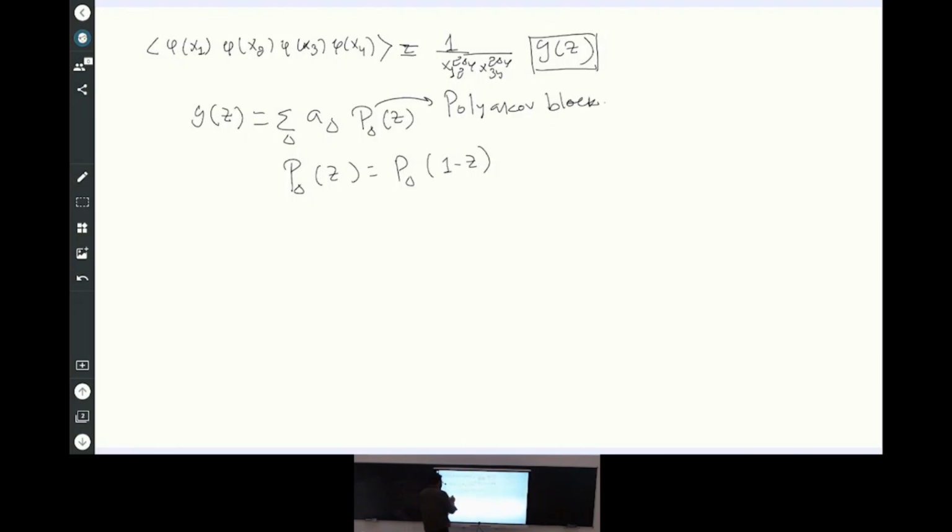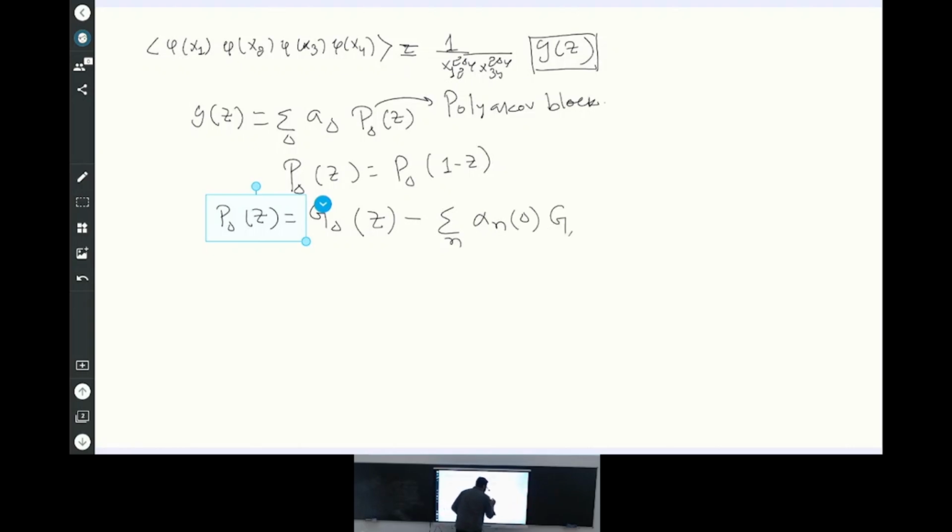On the other hand, if you write down the conformal block expansion of the Polyakov block, you will see that delta n here is 2 delta phi plus 2n.